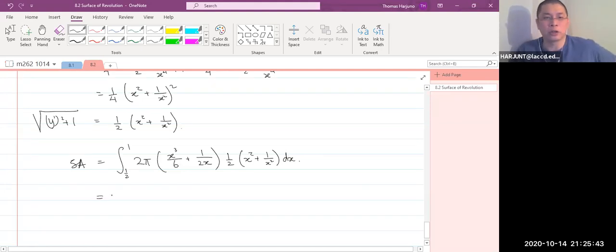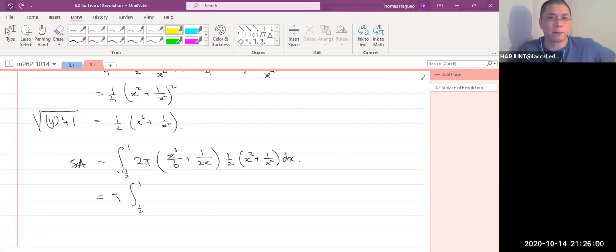Well, it's actually not that bad. The 1/2 with 2 cancels, the pi goes out. This is 1/2 to 1. I need to multiply this with this. I FOIL that, and then later on, I will integrate the polynomial.